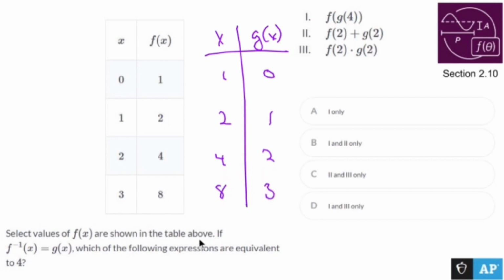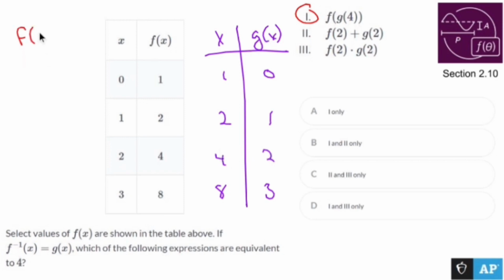I need to plug in all of these and see which one gets 4. So f of g of 4. First off, g of 4 means I'm going to go over here. Let me put this in red. Let's find g of 4, which is 2.